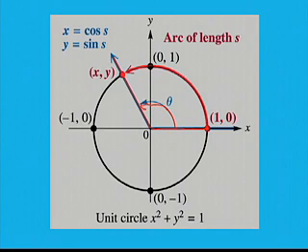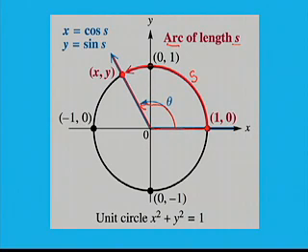Now, we use the letter S to represent arc length. That is going to be measured in linear units, either centimeters, feet, or meters. Theta, the actual angle, though, is measured in radians. So S is in linear units, but theta is in radians.